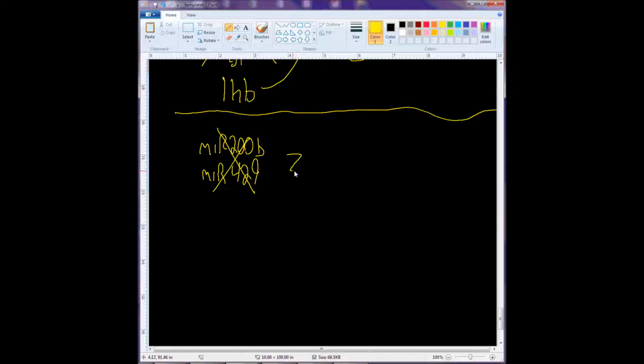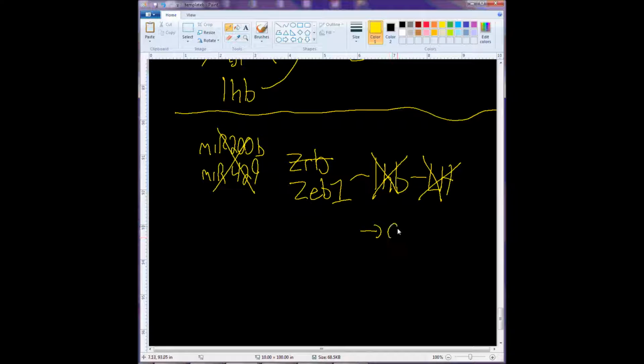As a result, the ZEB1 messenger RNA is translated, and we have lots of ZEB1 protein. As a result, LHB is suppressed, so we don't express enough LHB. We don't release enough luteinizing hormone, and we don't ovulate, leading to female mice that are mostly infertile or have significant reductions in fertility.